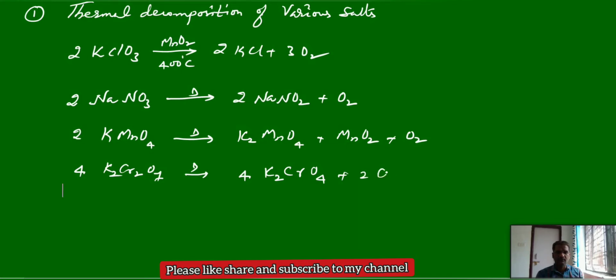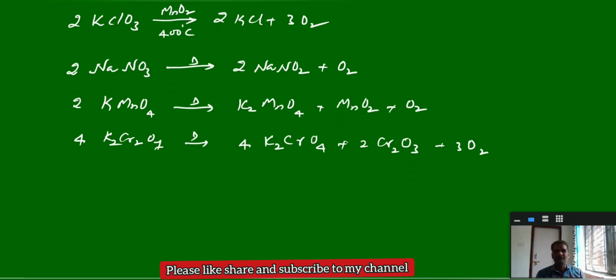It can form a green color residue, chromium oxide, and oxygen. These are thermal decomposition of various salts like chlorates, nitrates, manganates, dichromate salts.